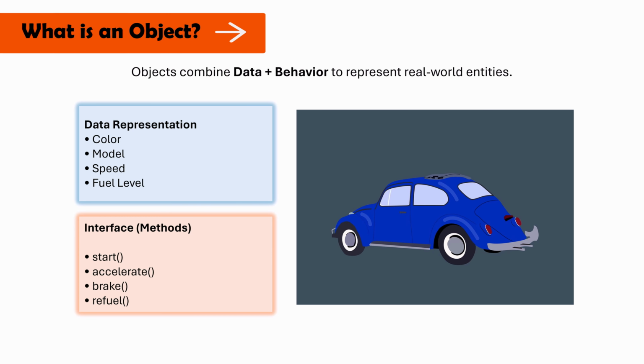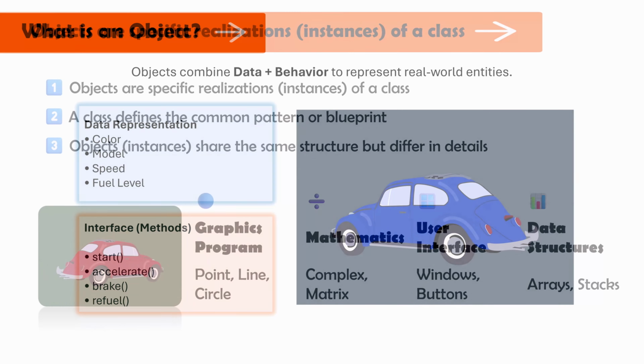You can think of these methods as buttons or controls that let us use the car. We do not need to know what's happening under the hood. We just call the method and the object takes care of the details internally. So in summary, an object combines data, that is its state, and methods, which are its behavior. It mirrors a real-world entity inside a program.